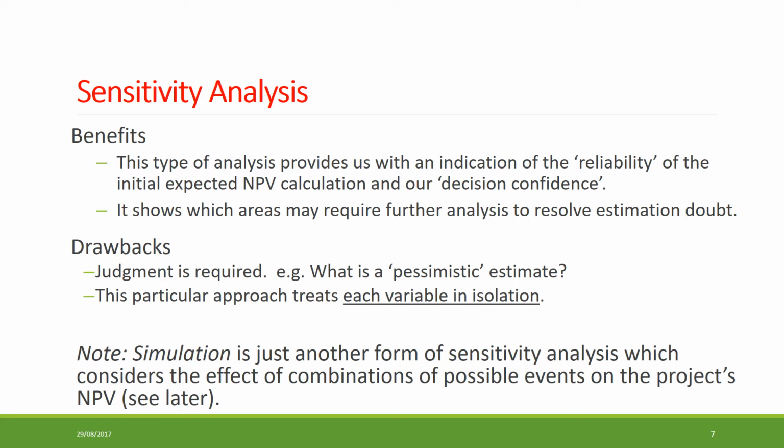But what happens if our variables are correlated? For example, if sale prices and production costs are correlated, that means when sale prices increase, production costs might also increase. So if we only look at the change in sale price, we might lose the big picture, right? So we're not looking at the big picture.